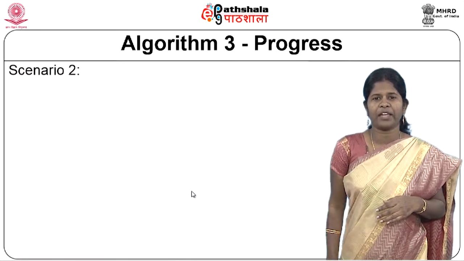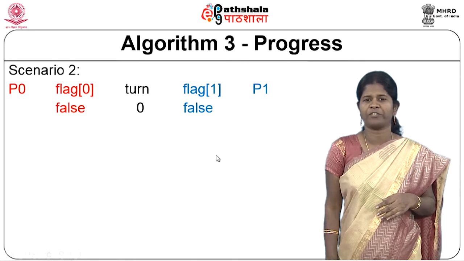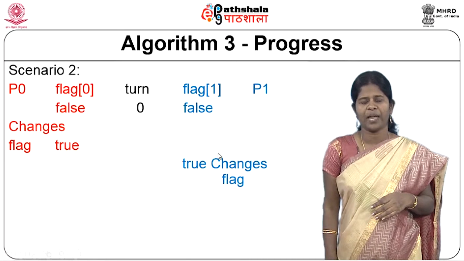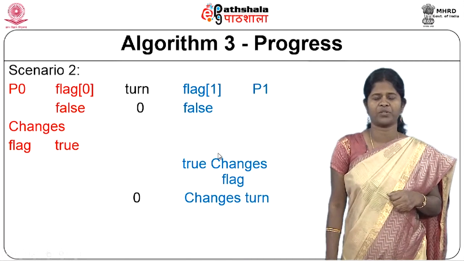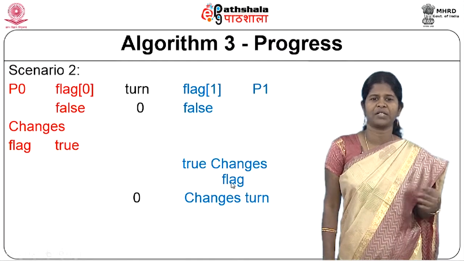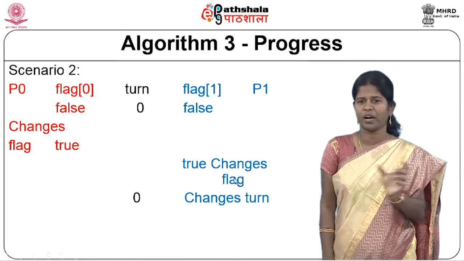And look at the scenario again for progress. Initial values of flag and turn, P0 sets flag to be true and P1 also changes flag to be true. So, here I see that P1 changes the value of turn first. So, turn is kept as 0 because it has that code turn equal to j.